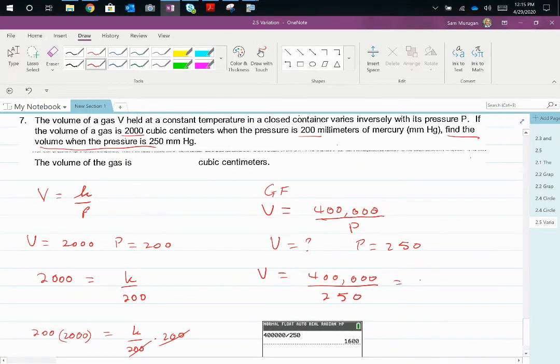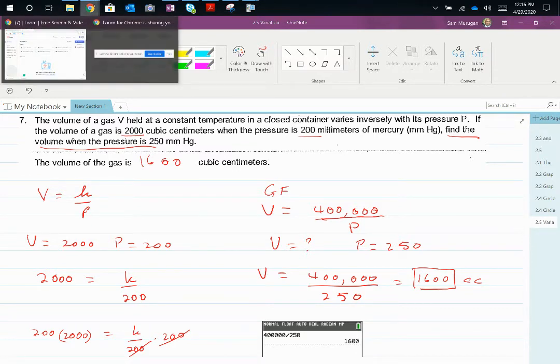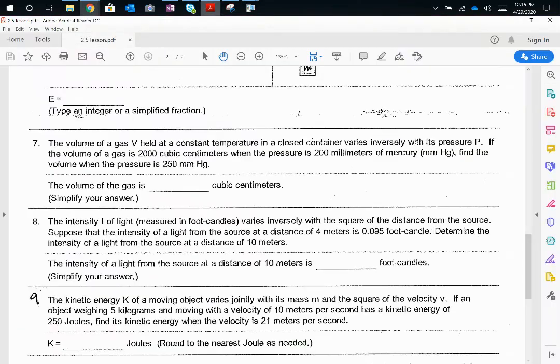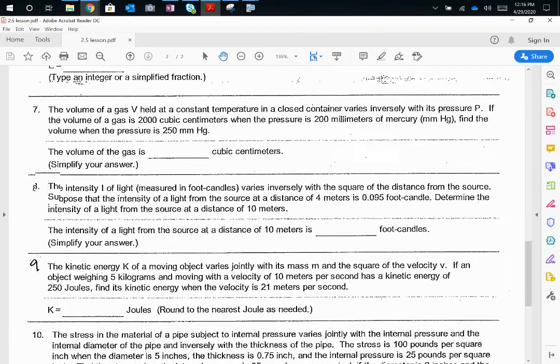So the answer is 1,600 cubic centimeters, cc. Okay, let's do a couple more of these.